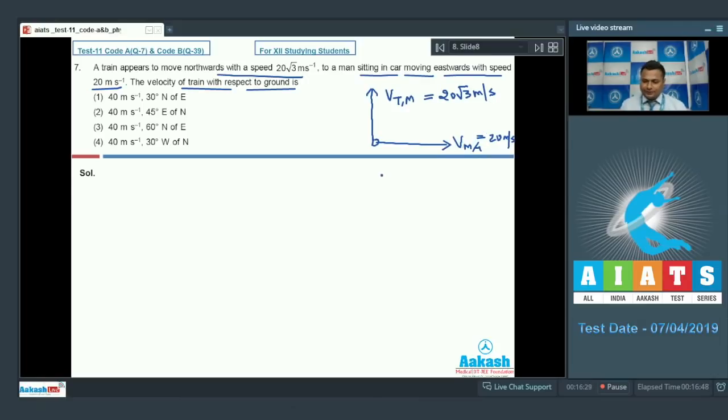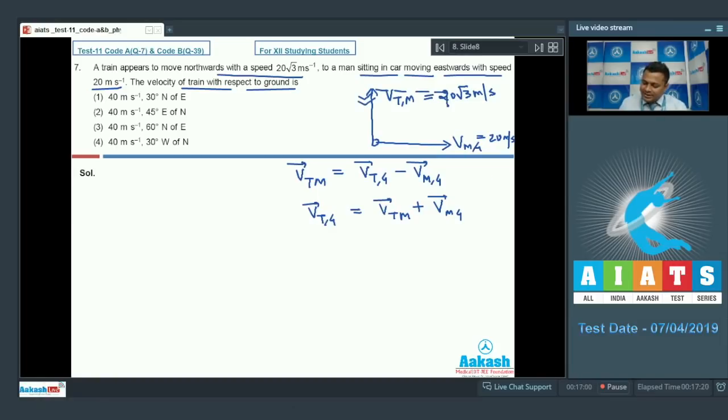Now according to the relation of relative velocity, we can write the velocity of train with respect to man in vector form as velocity of train with respect to ground minus velocity of man with respect to ground. So from here, the velocity of train with respect to ground is the vector sum of velocity of train with respect to man plus velocity of man with respect to ground. So VTM vector is this, VMG vector is this.